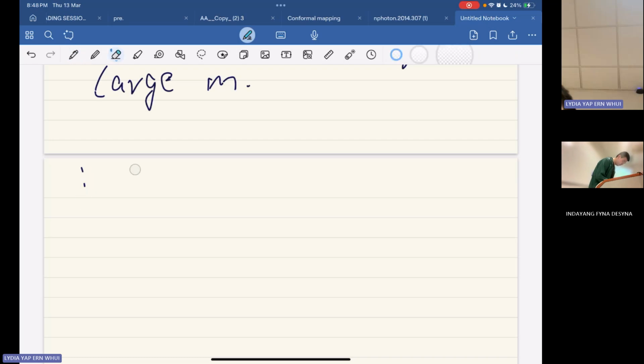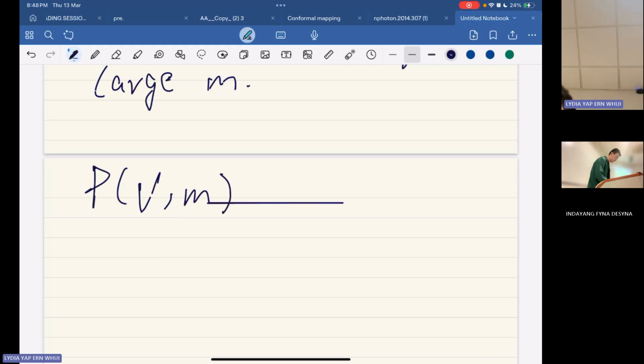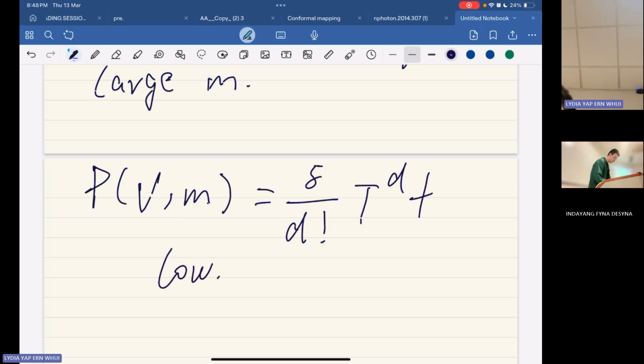Actually, this P_V(m) will equal delta over d factorial times t to the power of d plus some lower terms.